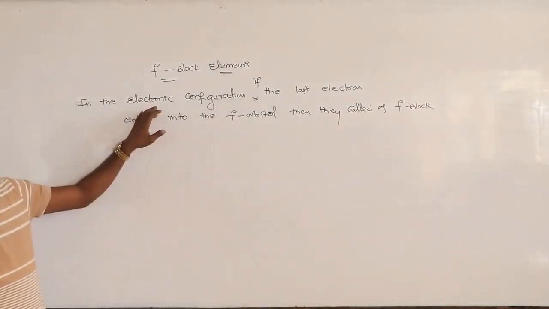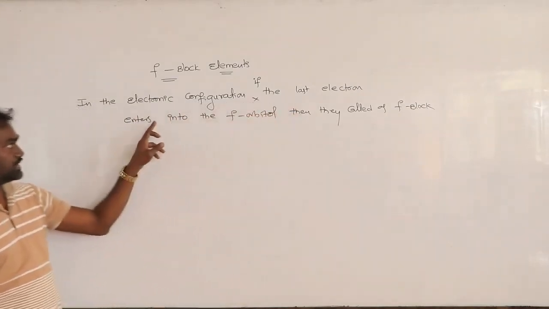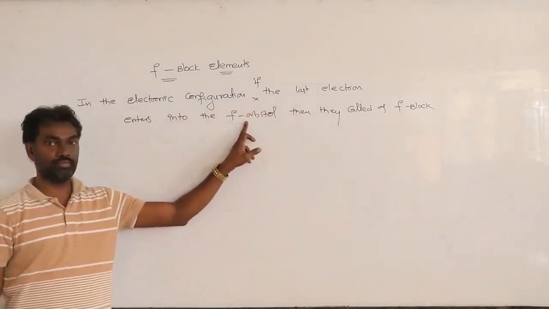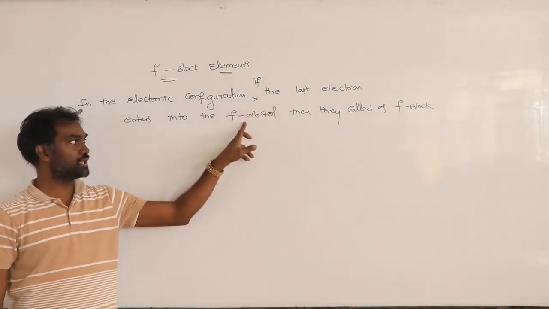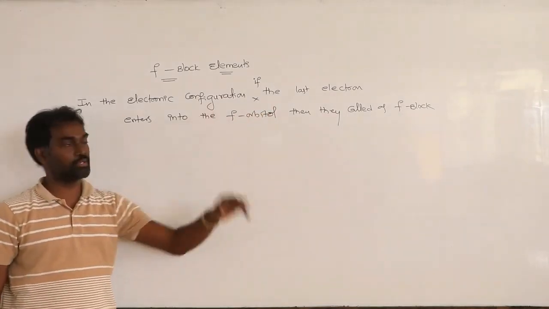See, in the electronic configuration, if the last electron enters into the D orbital, it means D block element. Enters into the F orbital means they are called F block elements.